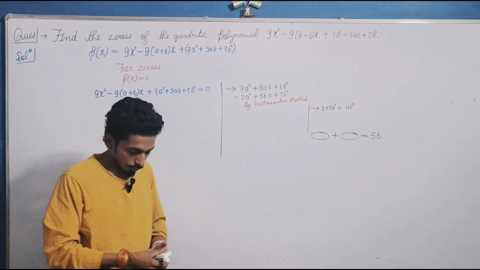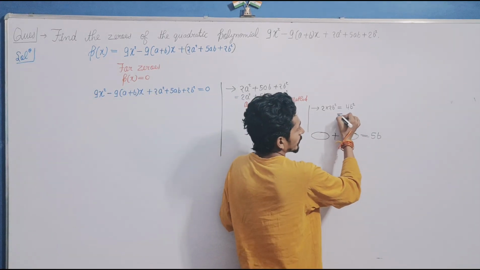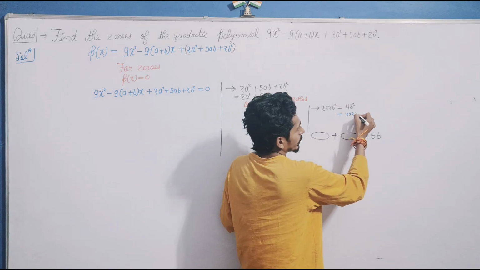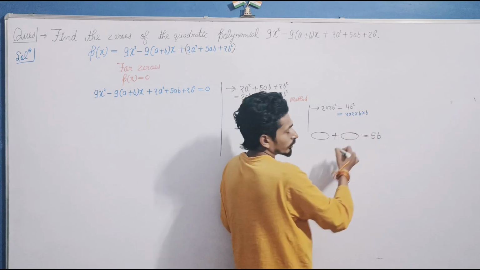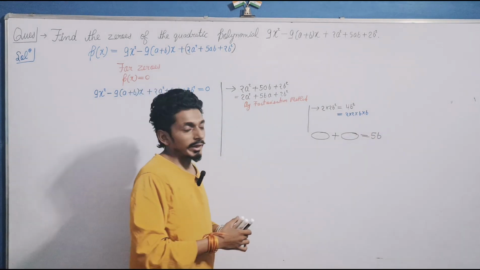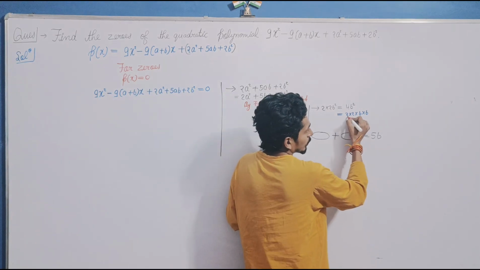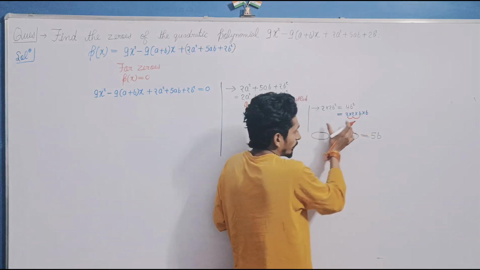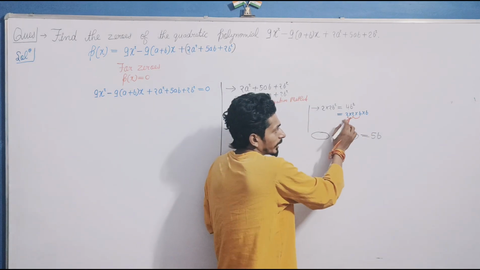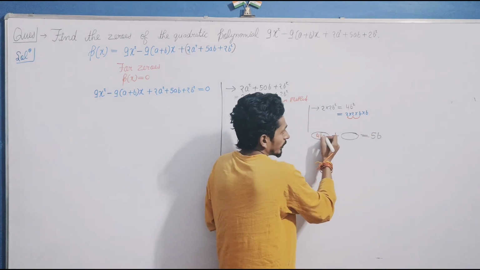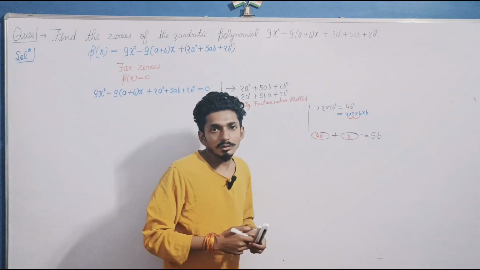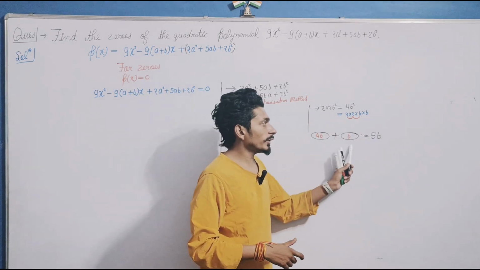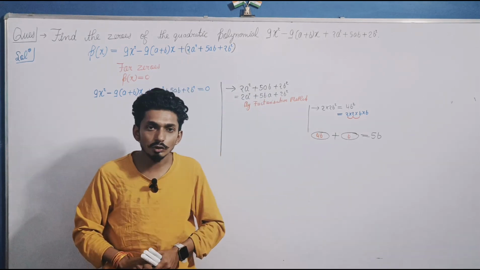Yes or no? So we factorize 4b square. It can be written as 2 into 2 into b into b. Yes or no? If we take 4b as one factor and b as the other, then it gives 4b plus b, 5b. Yes or no?